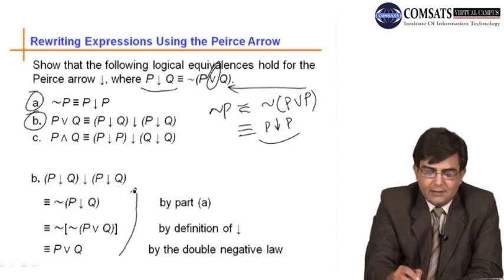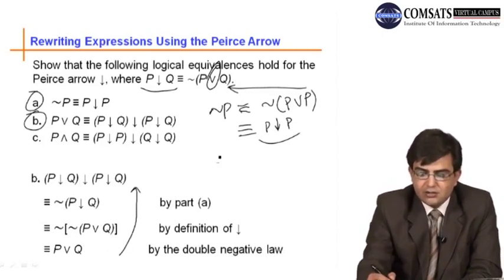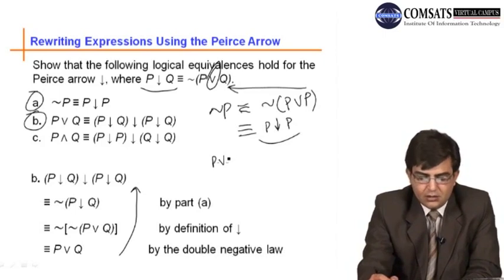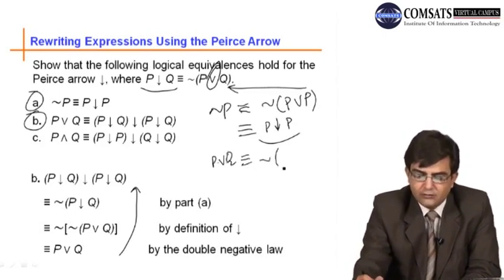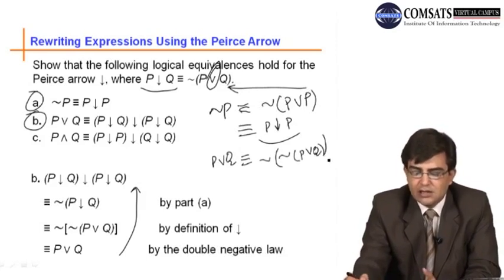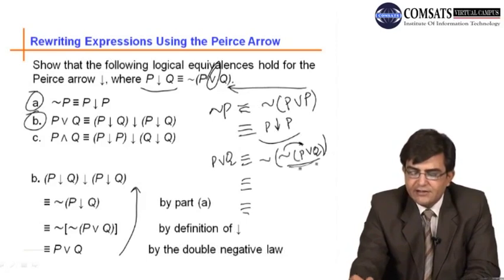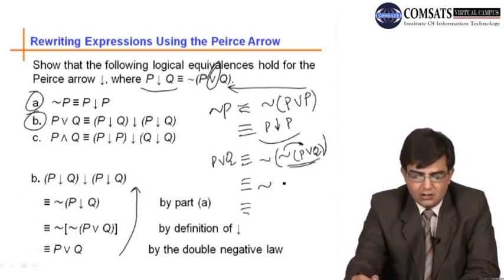by reversing the steps. If we consider P or Q, then we can write it as not of not of P or Q by using double negation law. This is basically the definition of Peirce arrow, not of P or Q. So what is this?